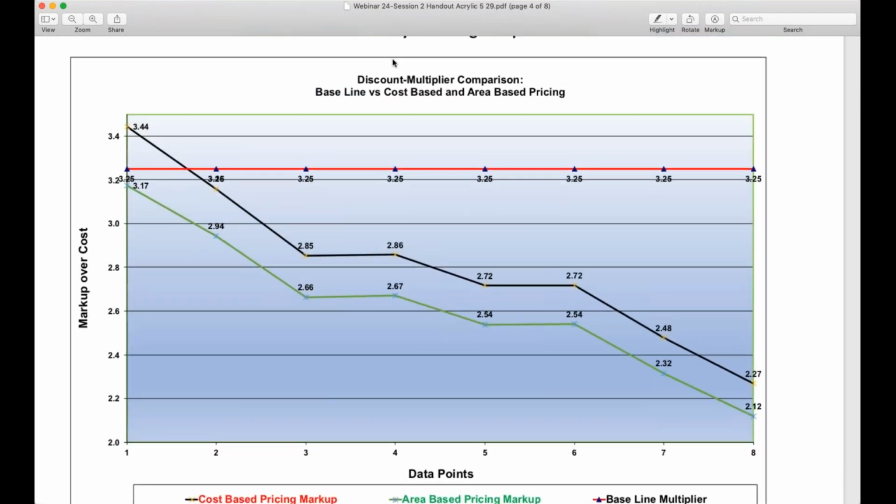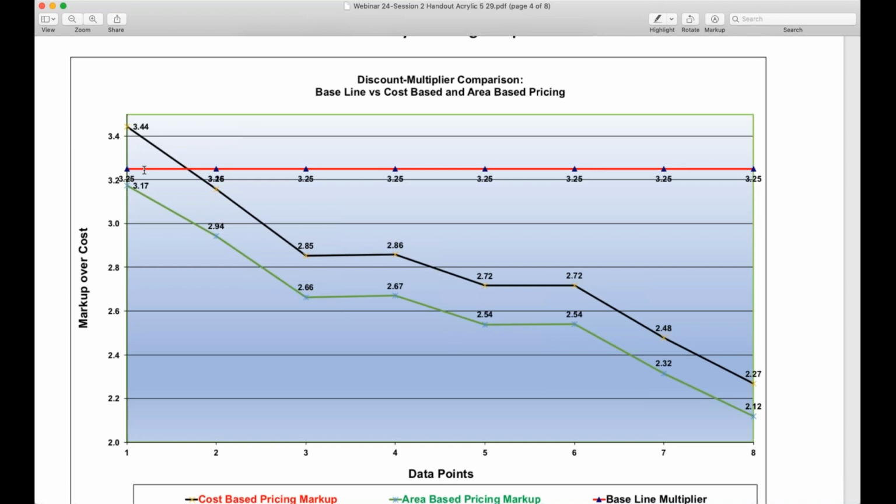This is the same view, but where discounting has been introduced, okay? So as you can see, as the quantities begin to increase, the effective multiplier is going to begin to drop in that kind of a pattern. And it's going to do that whether you're doing area-based pricing or cost-based pricing.